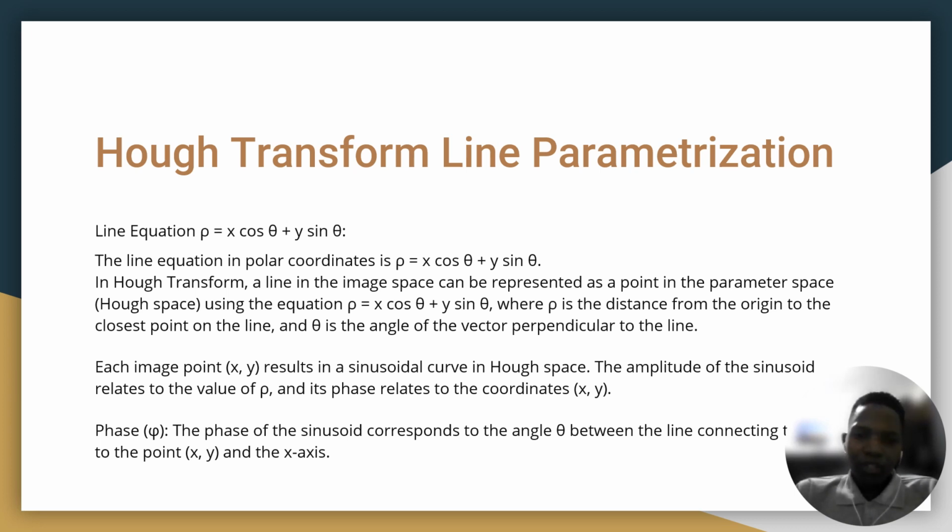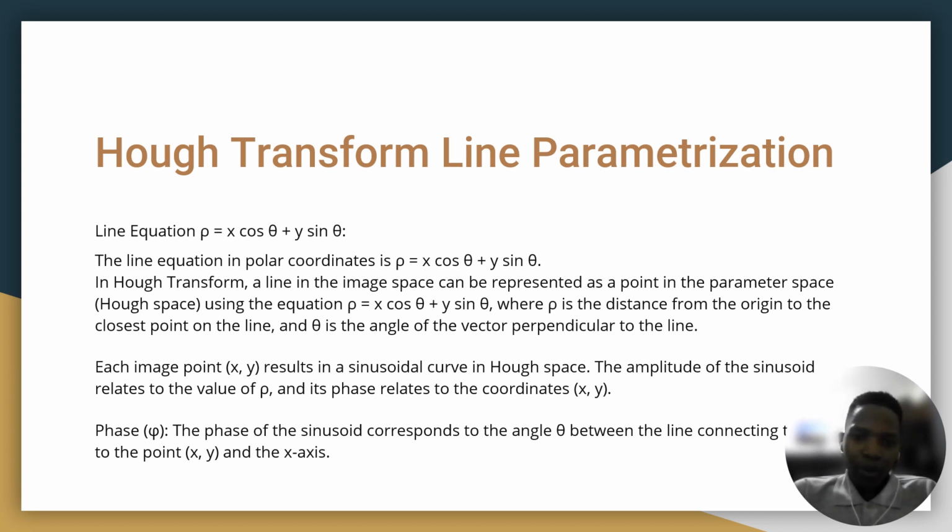In the Hough transform, a line in the image space can be represented as a point in the parameter space, or the Hough space, using the equation p = x cos θ + y sin θ, where p is our distance from the origin to the closest point on the line, and θ is our angle of the vector perpendicular to the line.